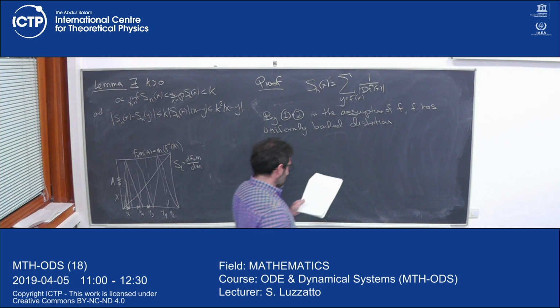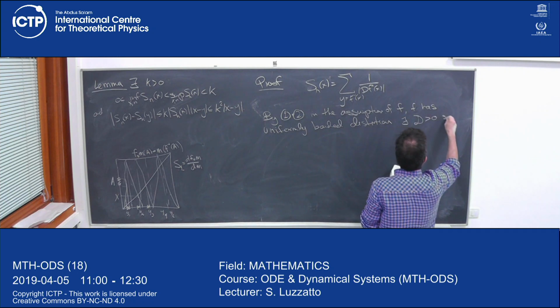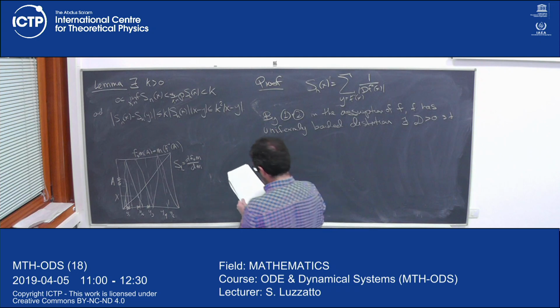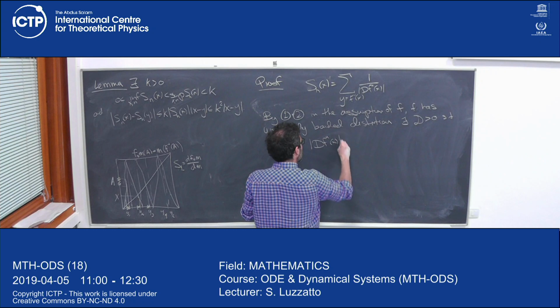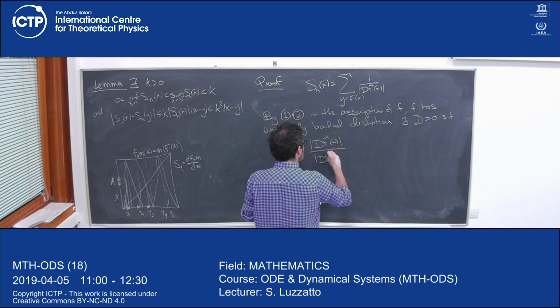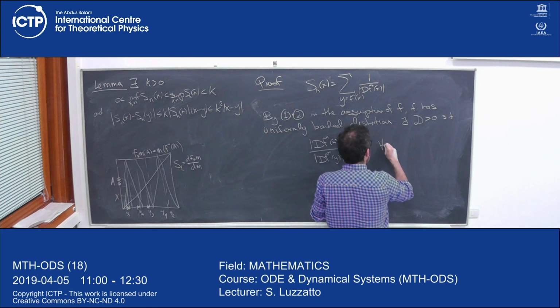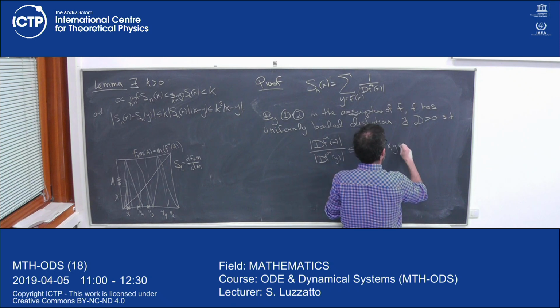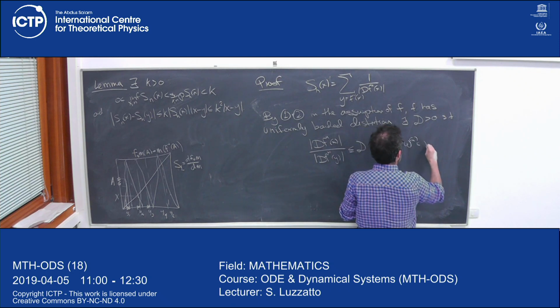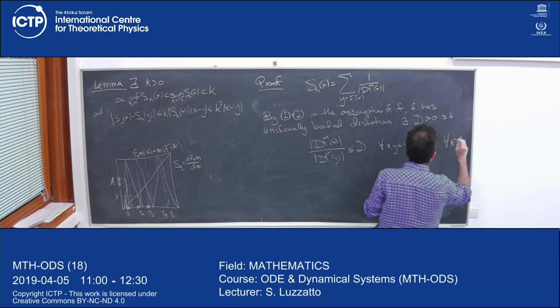This means that there exists a constant d greater than 0 such that dfn of x over dfn of y is less than or equal to d for all x, y in omega n, which is an element of Pn, and for all n, crucial.